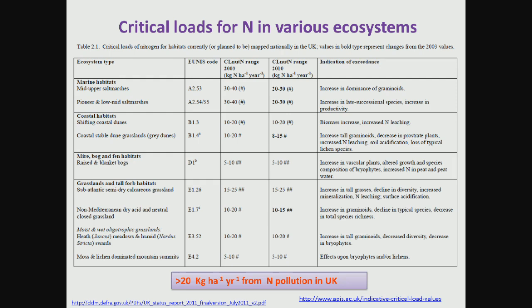And on average, people have calculated that over the UK, we're getting over 20 kilograms of nitrogen per hectare per year. So you can see, looking down this critical load nutrient nitrogen range, they've upped here. Lots of these ecosystems, 20 is at the top or over the top across the UK.